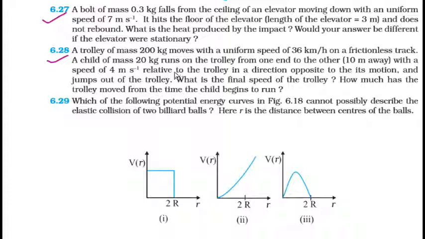A child of mass 20 kg runs on the trolley from one end to the other, that is 10 meter away, with a speed of 4 meter per second relative to the trolley in the direction opposite to its motion, and jumps out of the trolley. What is the final speed of the trolley? How much has the trolley moved from the time the child began to run? Let us see the solution.